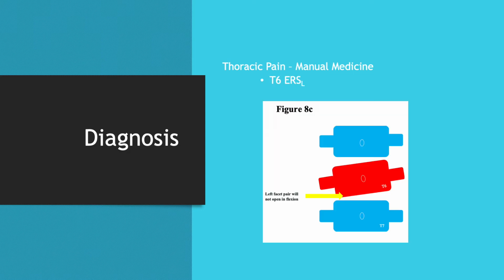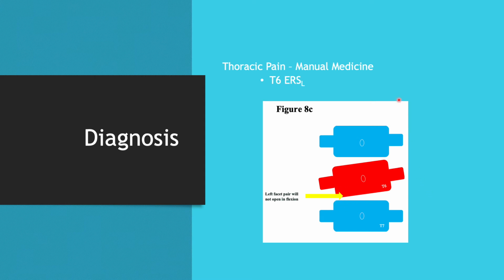So in T6 ERS left, what's really happening here is the facets are locking on the left side of T6 in relation to T7. Remember, when we name a somatic dysfunction of the spine, if we name T6, we're talking about T6 in relation to T7. And so the facet pair is locked closed here.